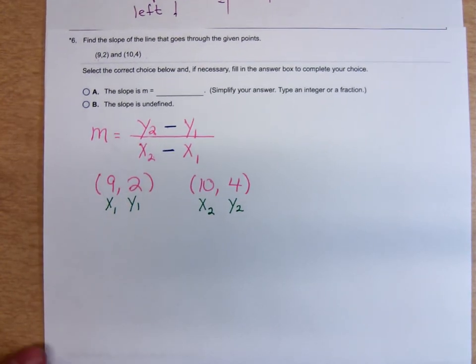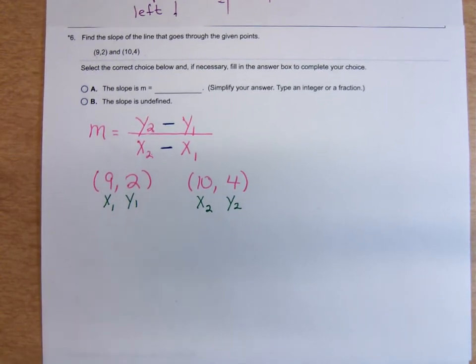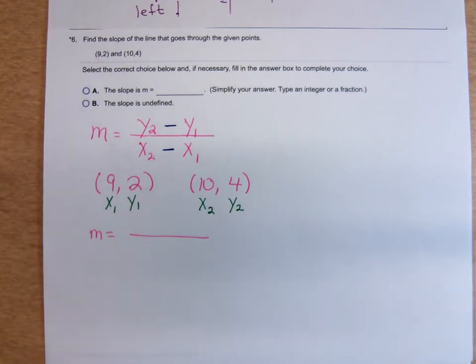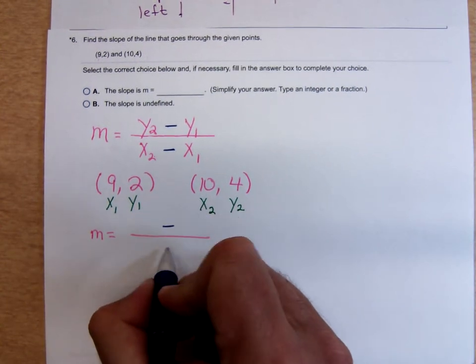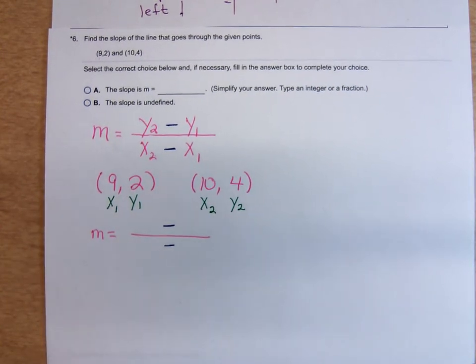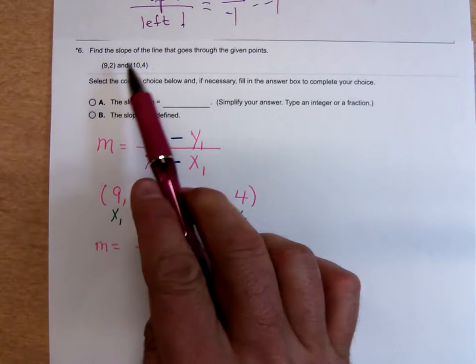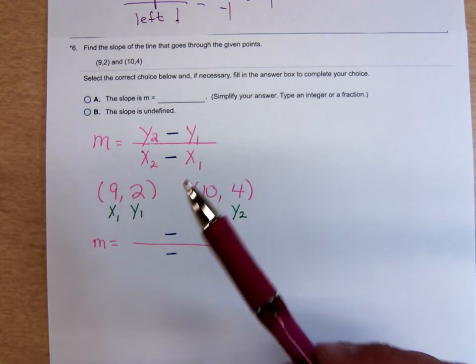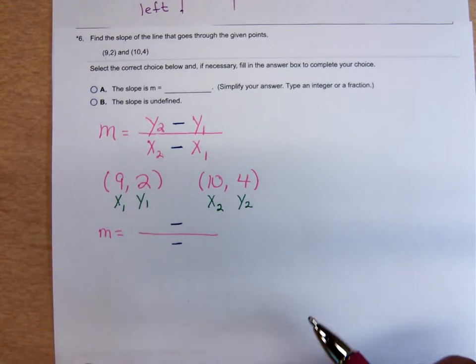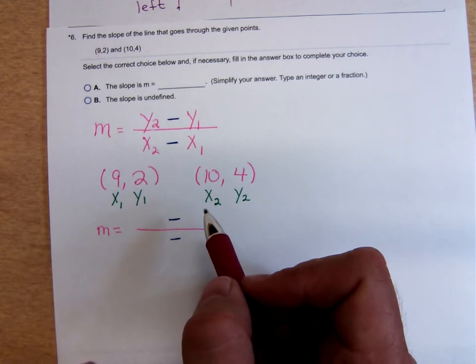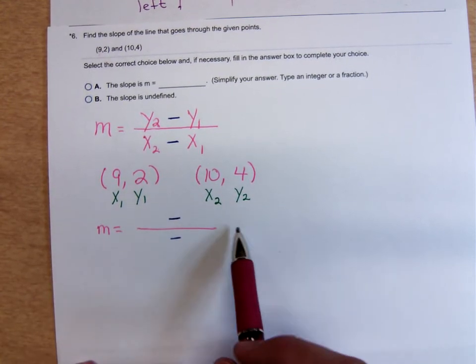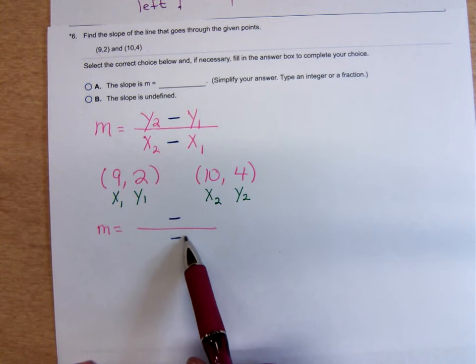So I'll just plug it in. m equals, there's a minus in the middle. This first one here, there's no negative signs on the numbers. If there's negative signs, you've got to be careful and make sure you're keeping track, because minus a negative will become plus, just like we were doing with the distance formula last class meeting. What am I going to write up here on top?